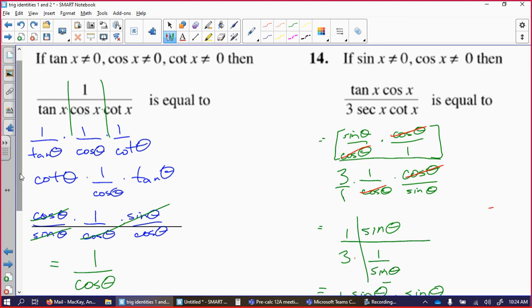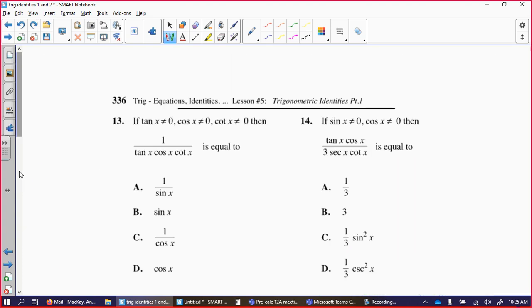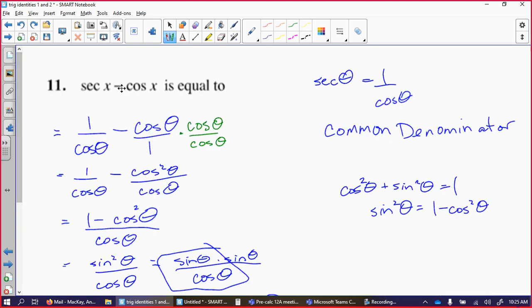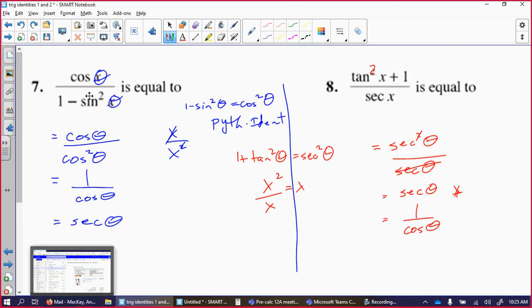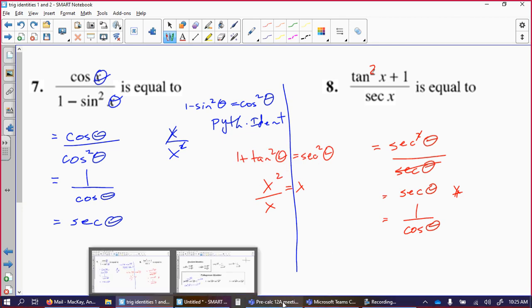You don't necessarily have to. Sine and cosine. That was the common denominator one. That's kind of tricky, but it's still slick. Sine and cosine, sine and cosine. That one used a Pythagorean identity. The first two used kind of the Pythagorean ones, but the simplest way to do everything is putting things in terms of sine and cos.